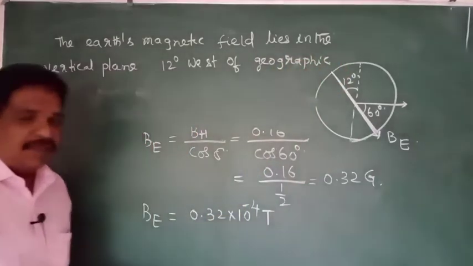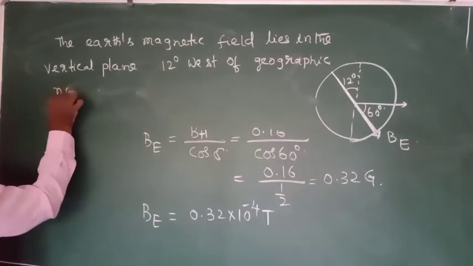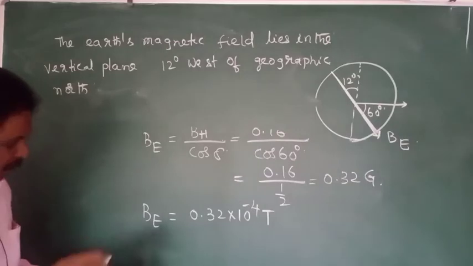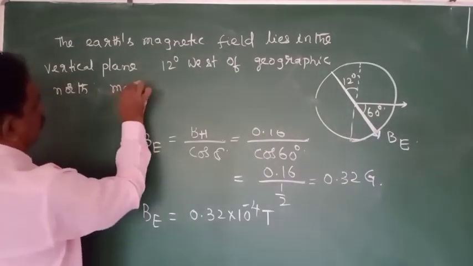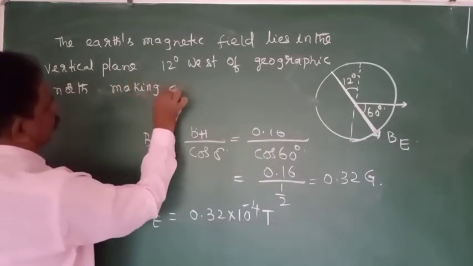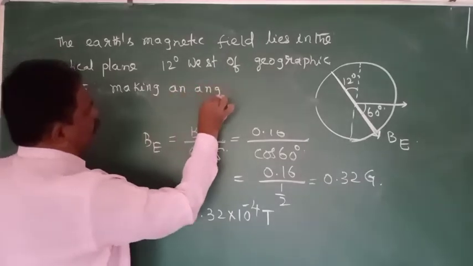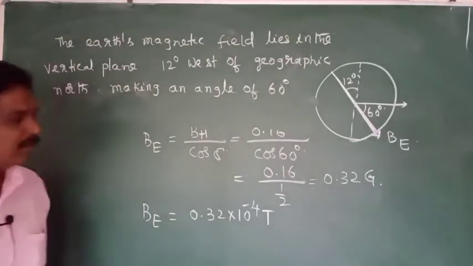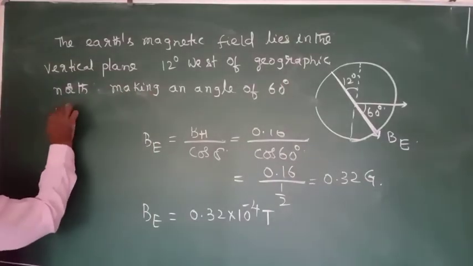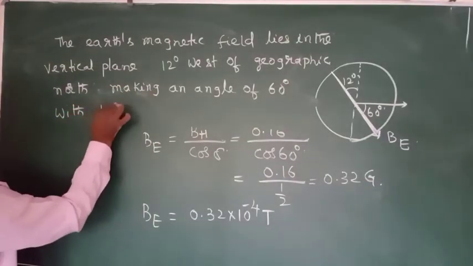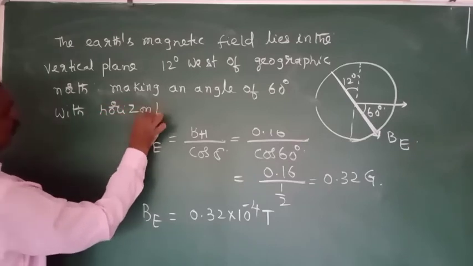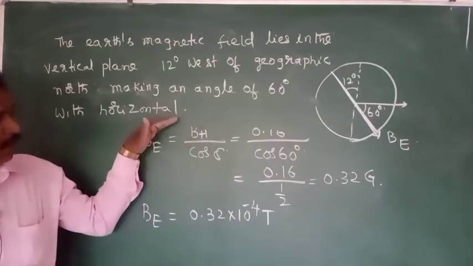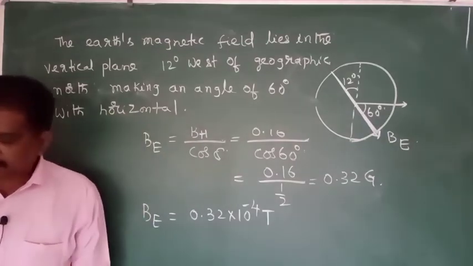Along the north it is there, 12 degrees west of geographic north, making an angle of 60 degrees with horizontal. Clear? Problems like this will be there.